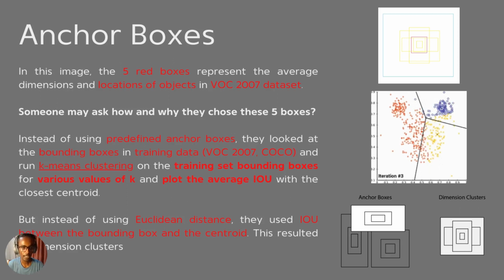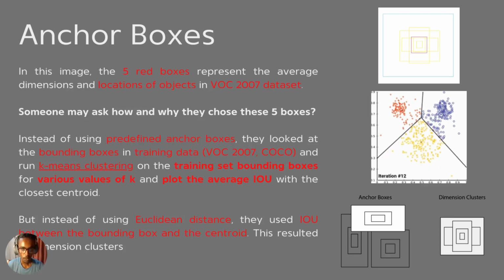And they ran what is known as k-means clustering, which is an unsupervised machine learning algorithm, on the training set bounding boxes, the predicted bounding boxes from the training of the VOC dataset, for various values of k, and plotted the average IOU with the closest centroid.